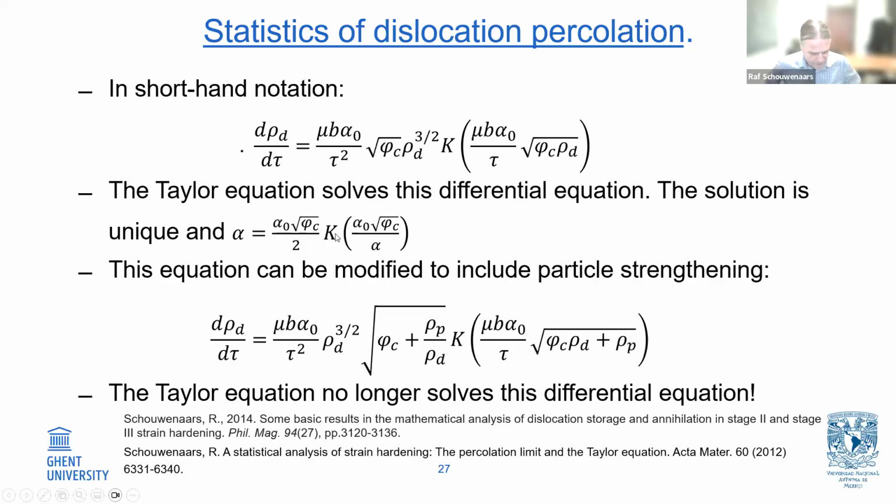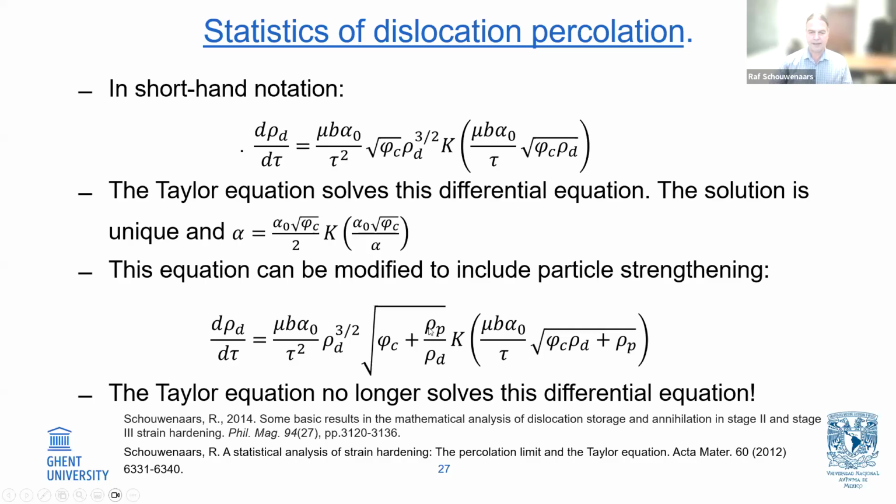So with that, we really proved that Taylor's assumption was right, but there's another interesting point here in the sense that we can now include a particle density, because while rho d will vary, the particle density will be constant. I just sum in the terms which have rho d.